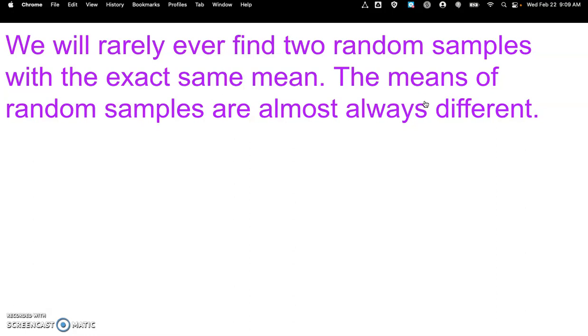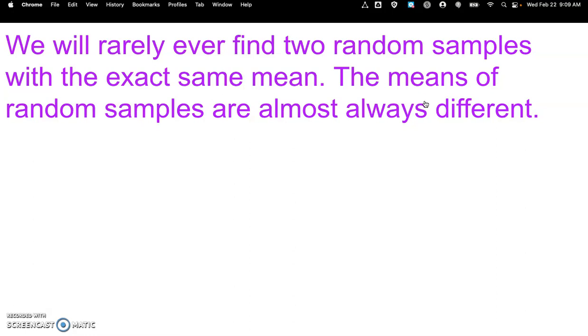And that's true, right? We will rarely ever find two random samples with the exact same mean. And that's because in any population of data, there's almost always going to be some variation. And because of that variation, when we take a random sample, or when we take a few random samples, we'll almost always find that the means of those samples are different.